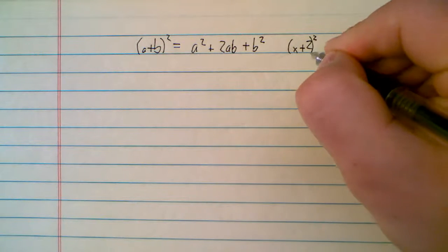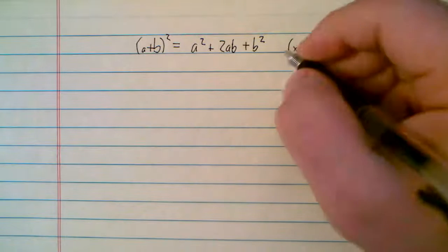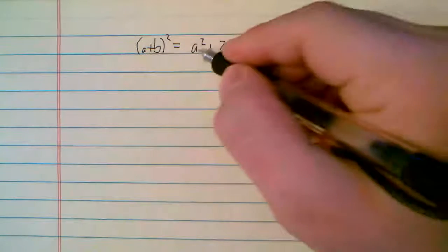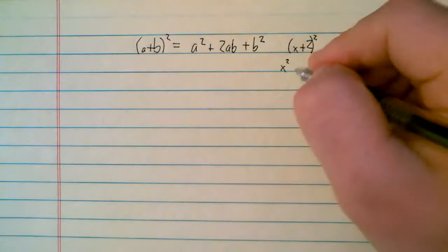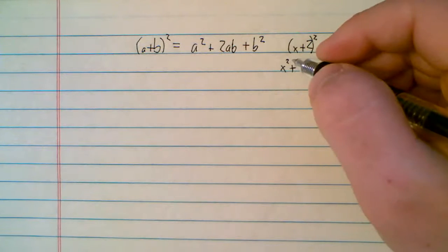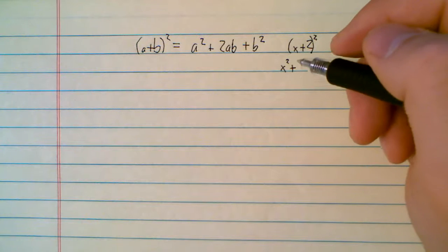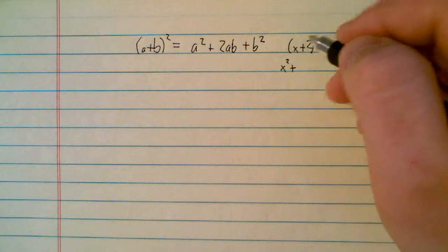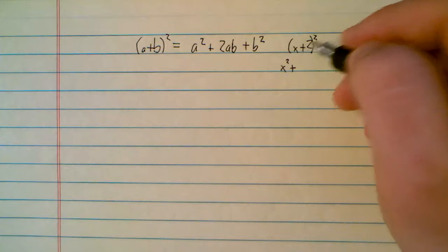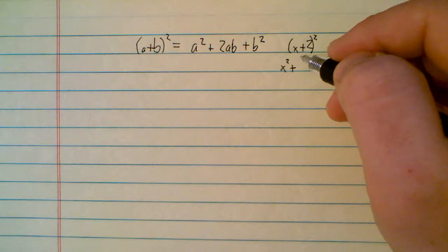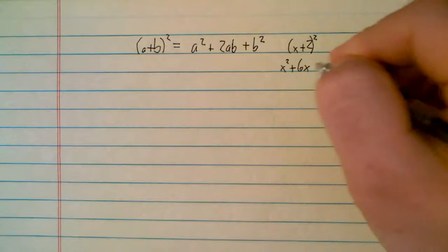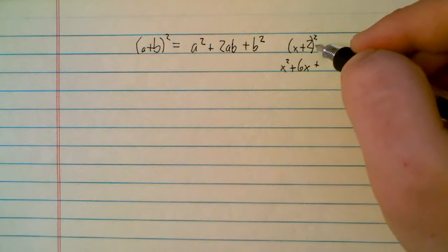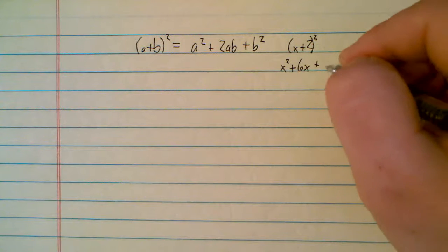And what that looks like in real world numbers, if we have x plus 2 squared, that's equal to x squared, so a squared, x squared, plus we take the inside numbers, which are 2 times x times 2. 2 times 2 is 4x, then we do plus b squared, which will be 2 times 2 is 4.